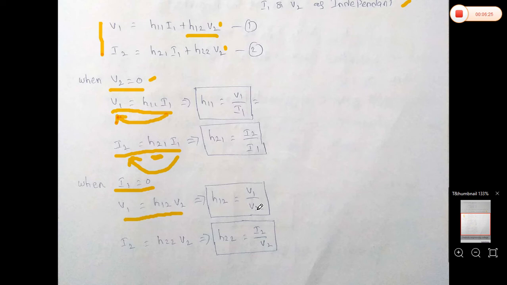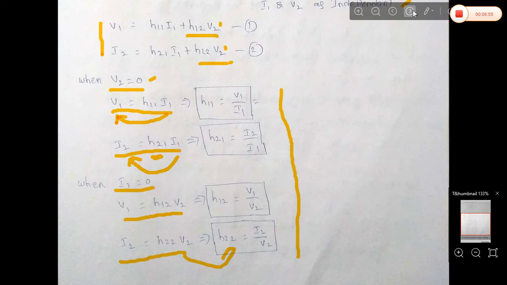In the second equation, substituting I1 equal to 0, I2 equals h22 V2. So from this h22 equals I2 by V2. From this we can get all the values of the H parameters.